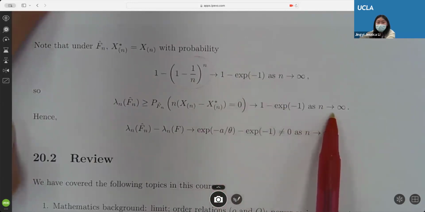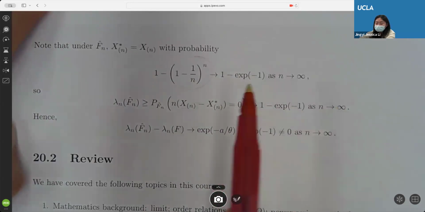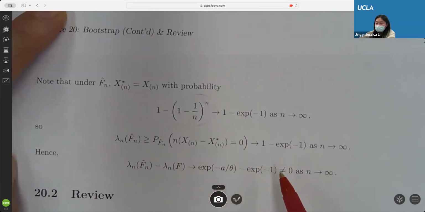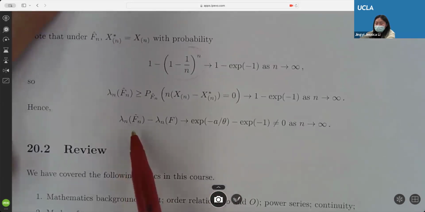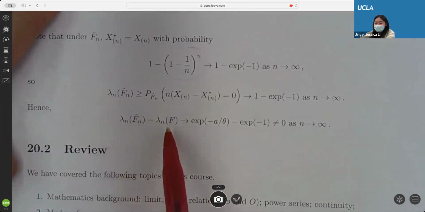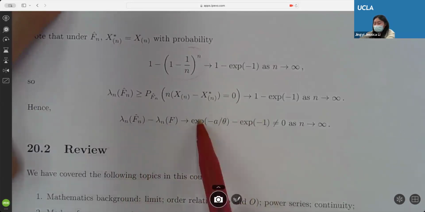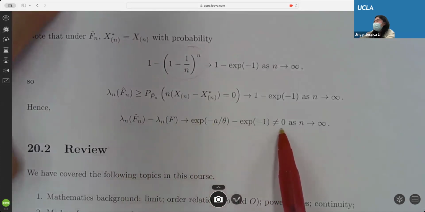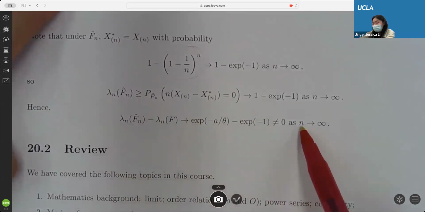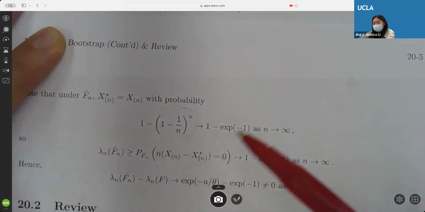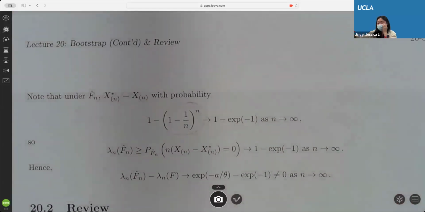So if you take the Bootstrap plug-in minus the performance measure, you take their difference, and this is not equal to 0. So it shows that when you're estimating the upper bound as the parameter, Bootstrap will break down.